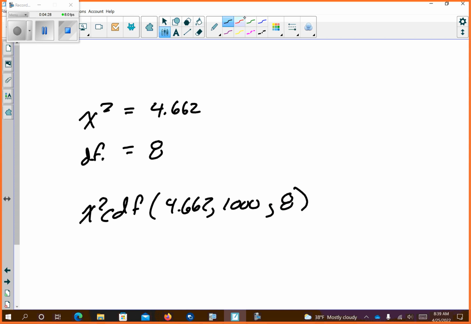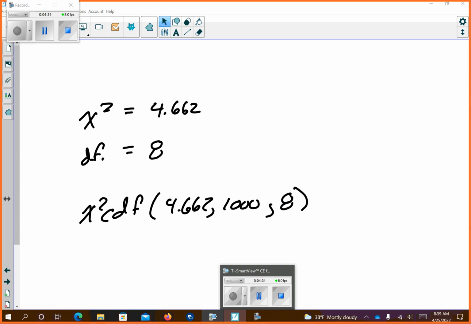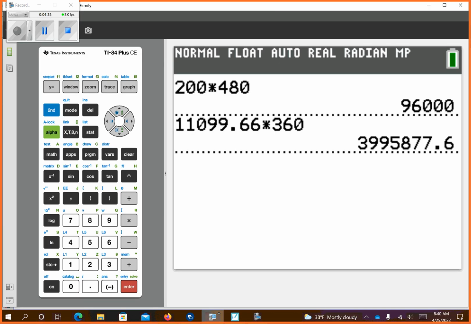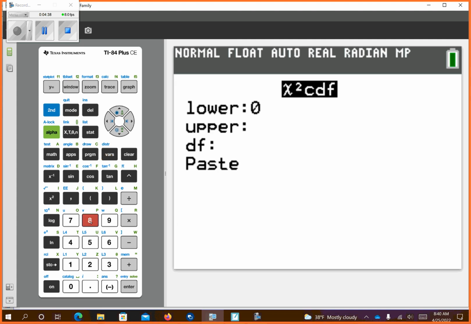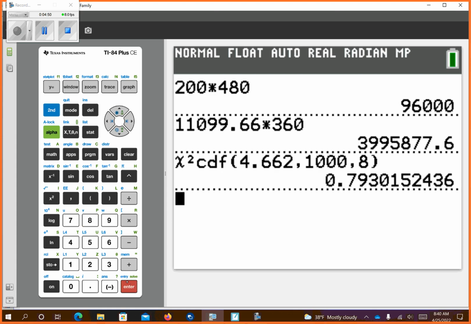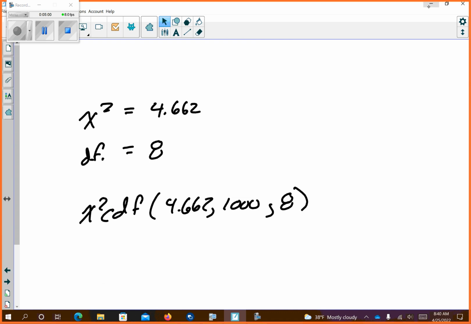We plug those into the calculator. That gives us 0.793. Okay, that's our p-value. So 0.793.